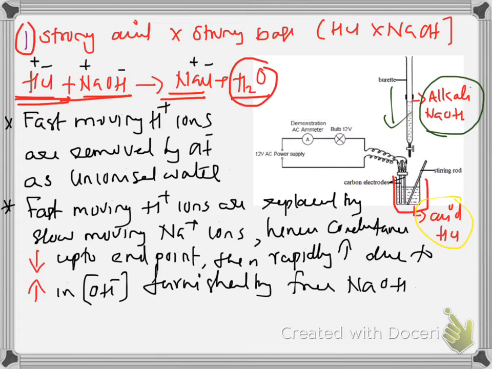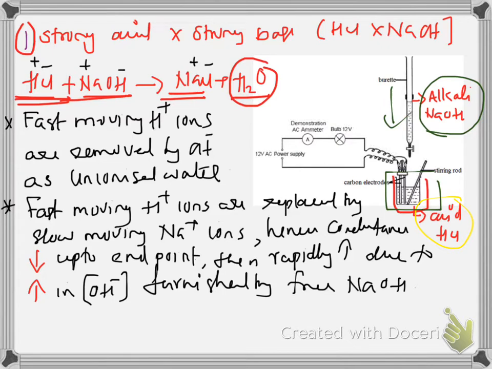Initially in this container we have only HCl, which is a strong electrolyte. And HCl contains fast moving H+ ions. Because of the fast moving H+ ions, the conductivity of HCl solution is found to be very high.